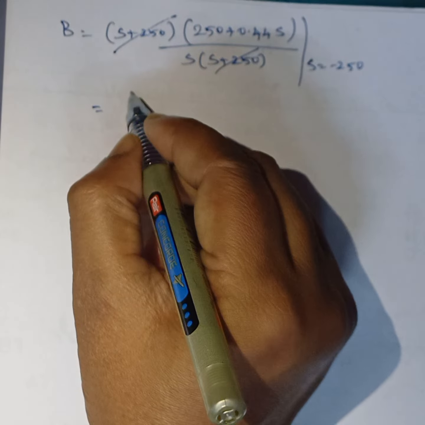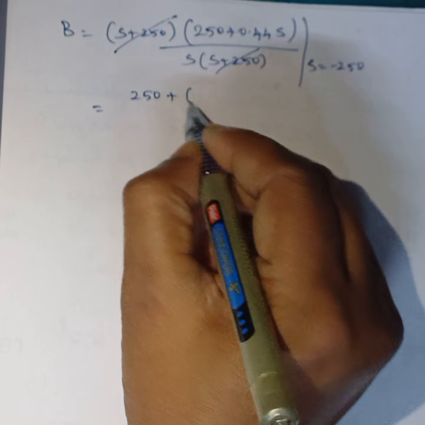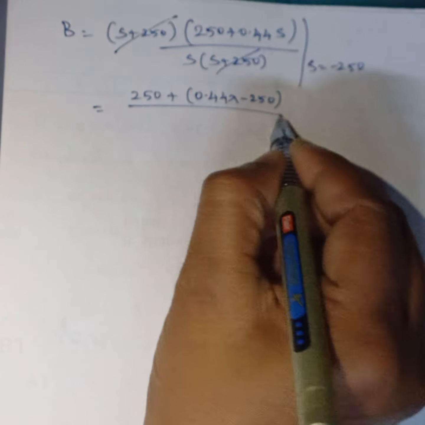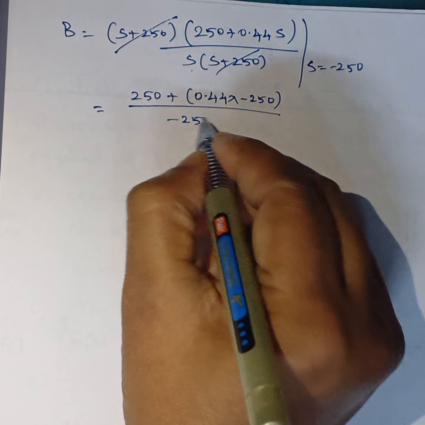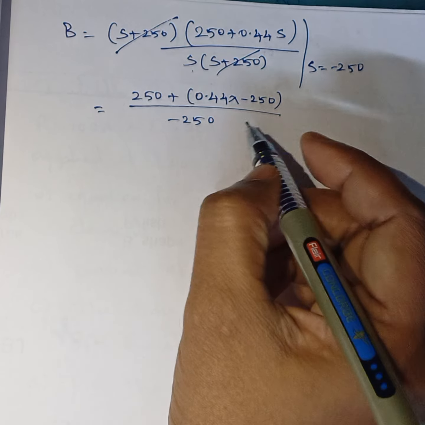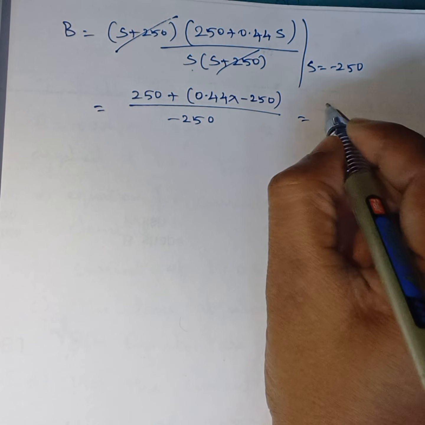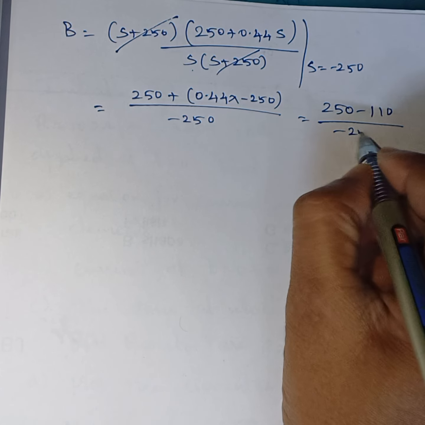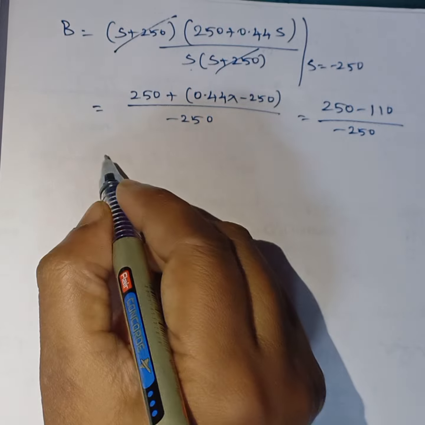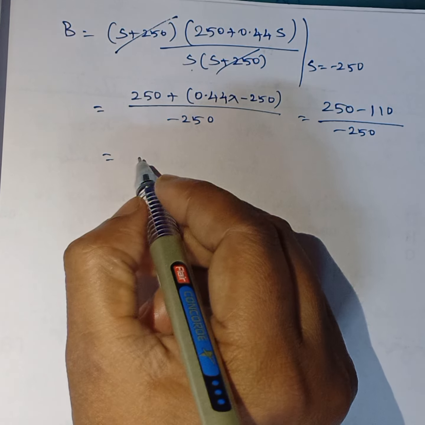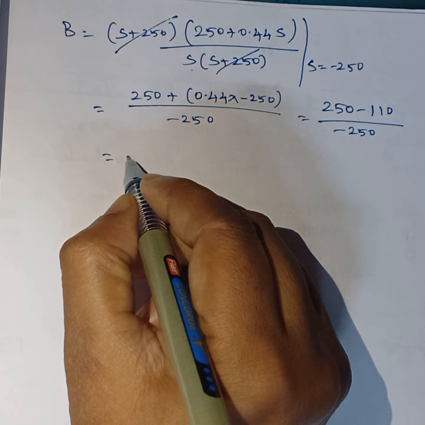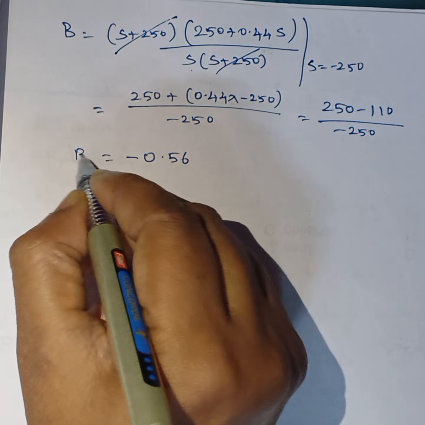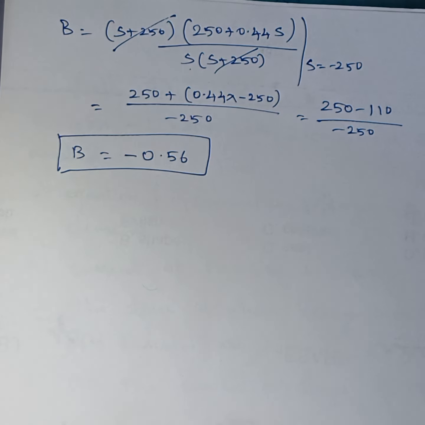So if I substitute, 250 plus 0.44 S with S value minus 250, correct, divided by, again, this S value is minus 250. If you simplify this, we'll get 250 minus 110 divided by minus 250, correct. Further simplifying, we'll get the B value as minus 0.56.